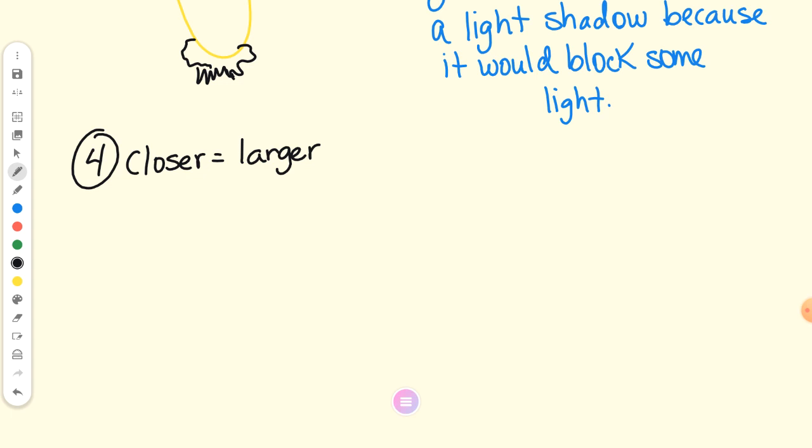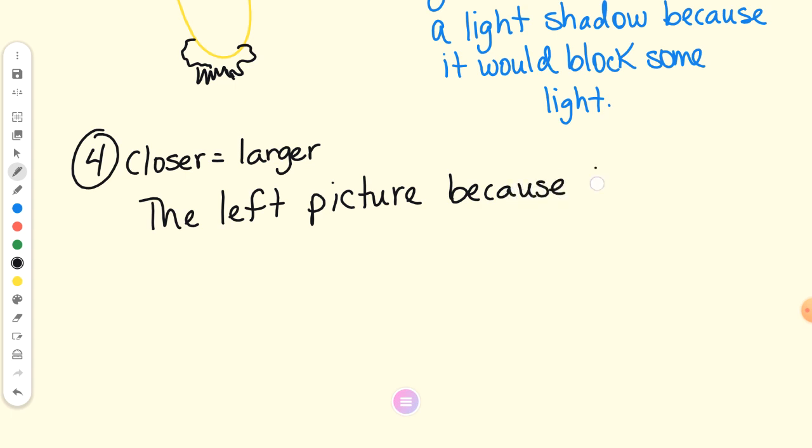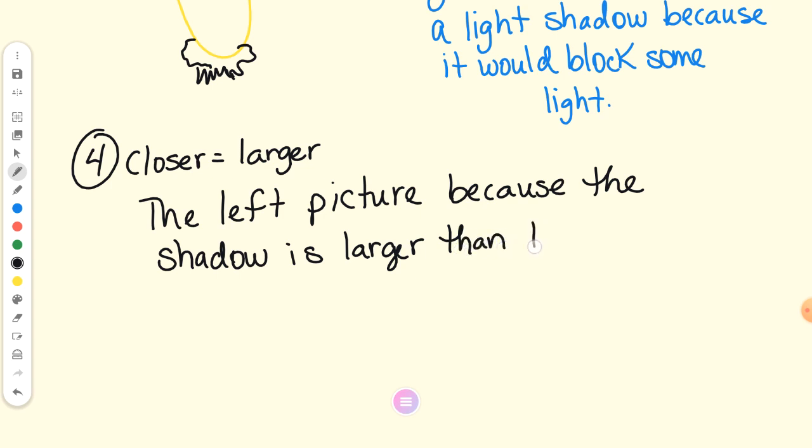So the left picture, because the shadow is larger than the object, or in parentheses I'm going to put hand. That is the object we are referring to.